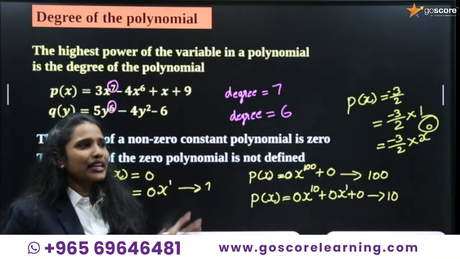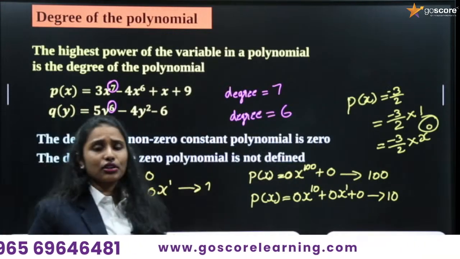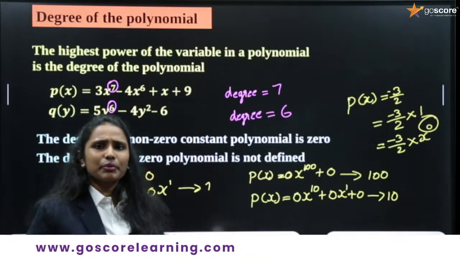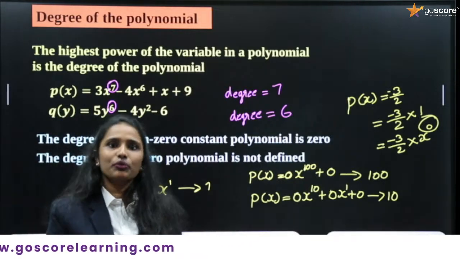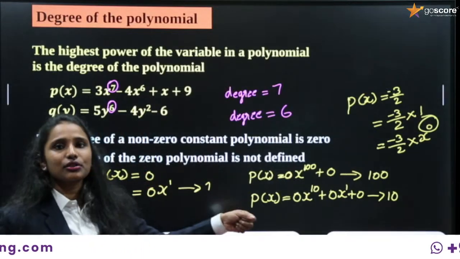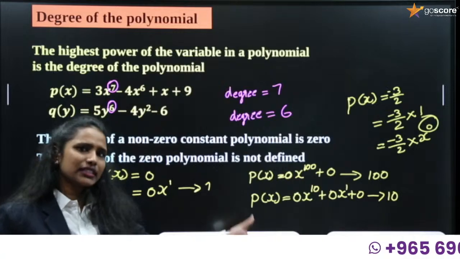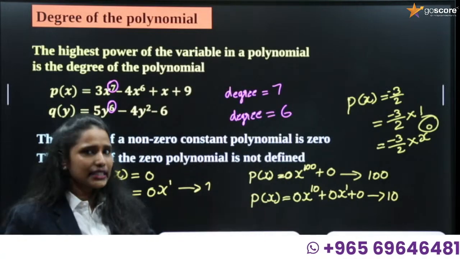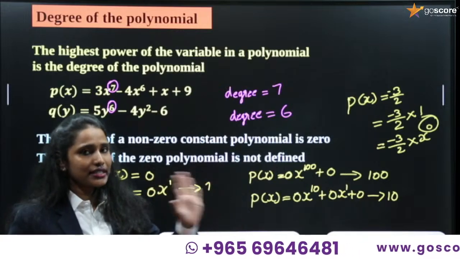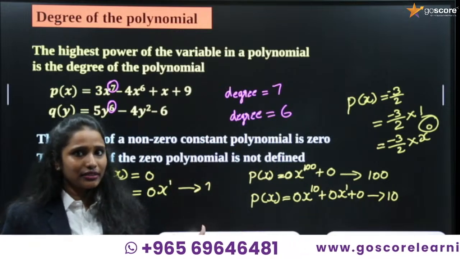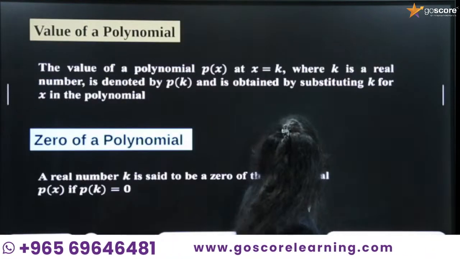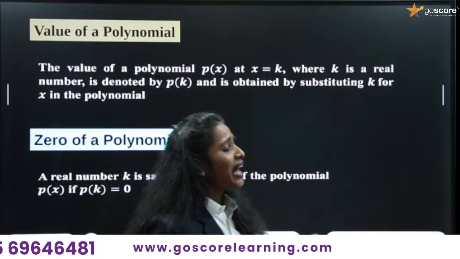So we cannot simply say the degree of a 0 polynomial is this number or this much value. So this is varying. So we can't define the degree for it. So it is not defined. Not because the mathematician doesn't know how to define it. Clear?